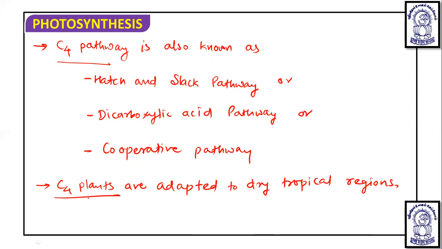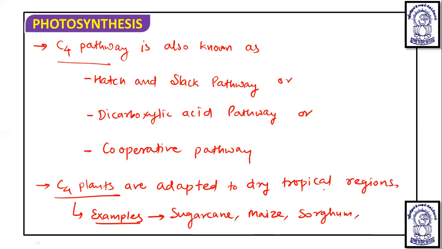And examples of C4 plants include sugarcane, maize, sorghum, amaranthus, atriplex, etc. Okay, these are the particular examples in which you will see C4 plants.